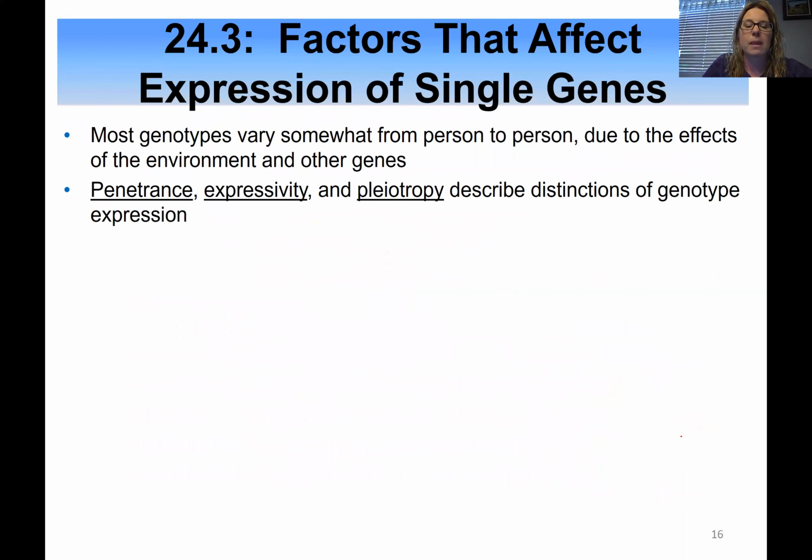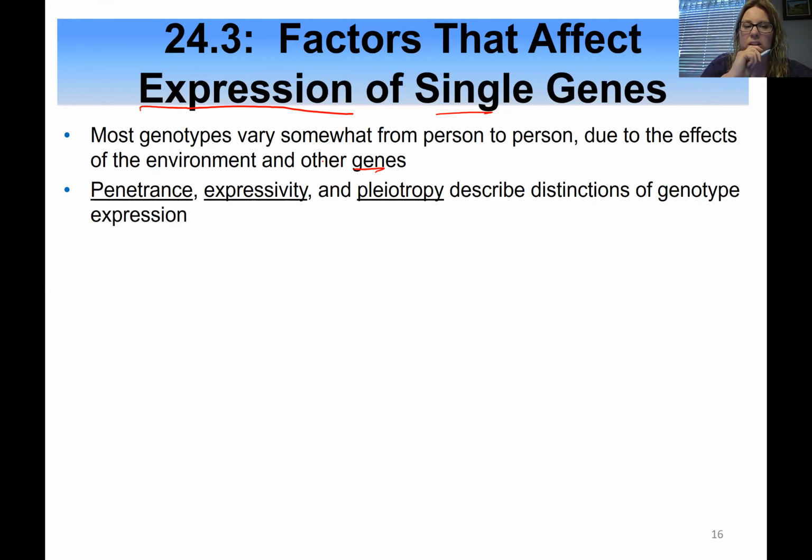Okay, so there's some other factors that can affect expression of single genes. Okay, so sometimes genotypes vary a little bit from person to person based on the environment or the action of other genes.